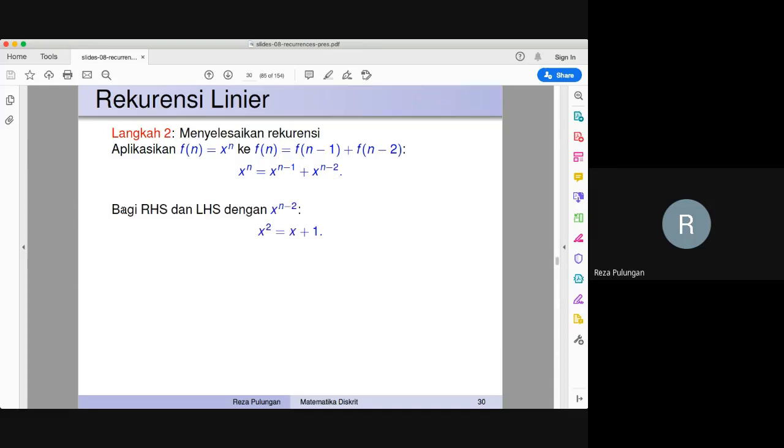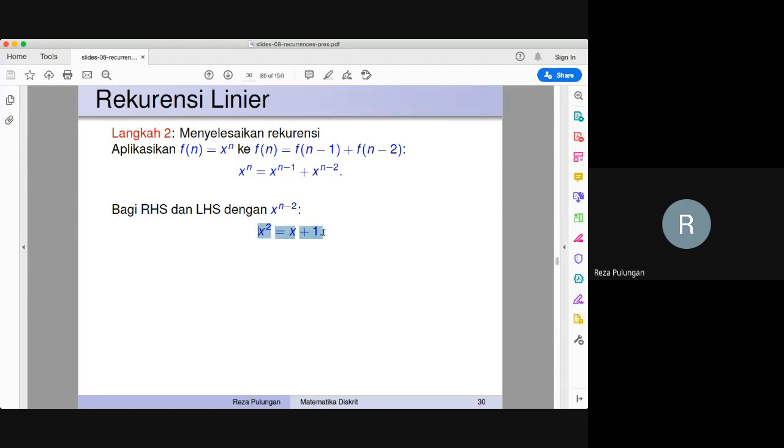This one divided by x to the power of n minus 2, what is left? x to the power of 2. What about this one? Divided by x to the power of n minus 2, what is left? x. And x to the power of n minus 2 divided by x to the power of n minus 2, what is left is 1.